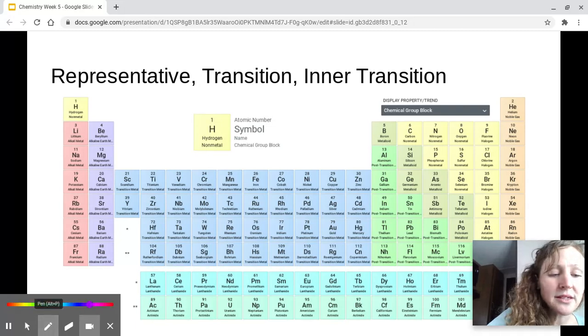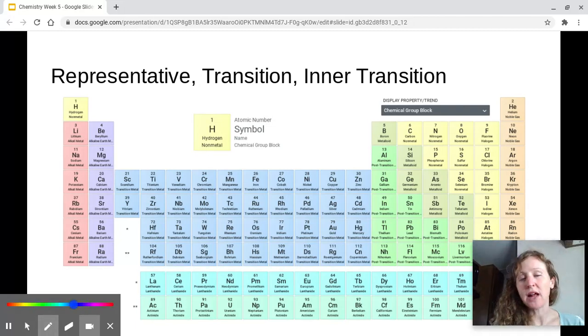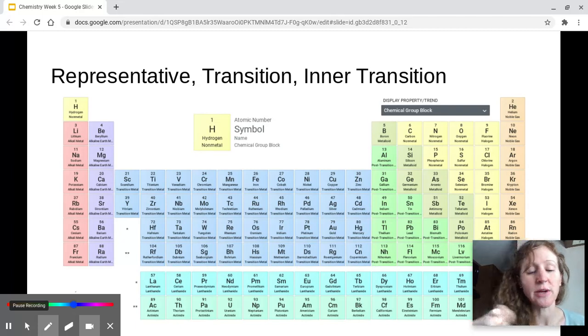So we make this distinction between representative elements, transition elements, and intertransition elements really based off the electron configuration. And so to talk about representative, transition, and intertransition elements, I'm going to box a couple things, and you may notice something suspicious about what I box.